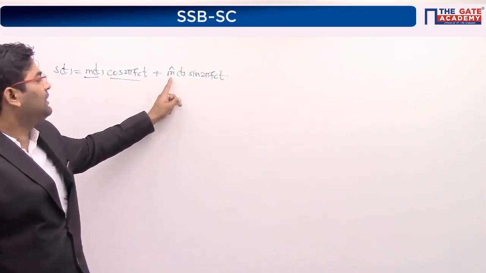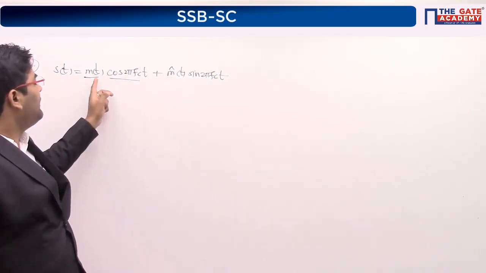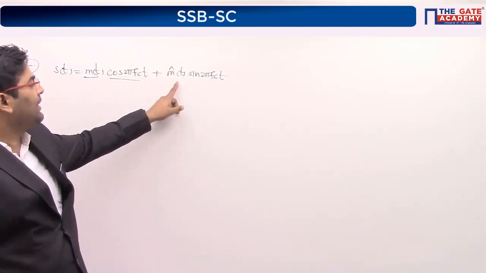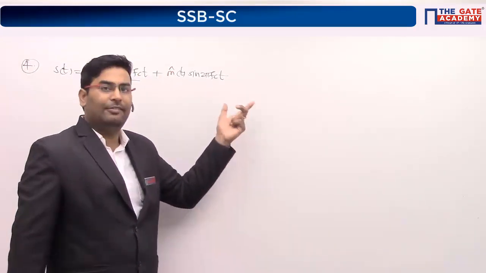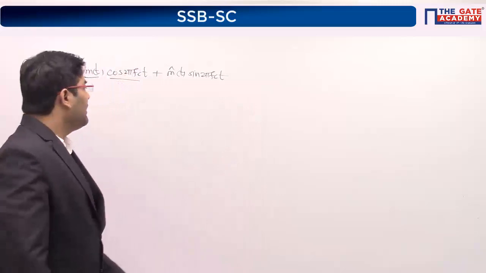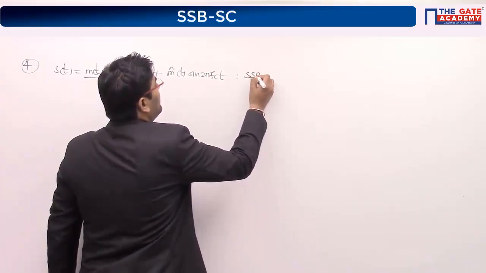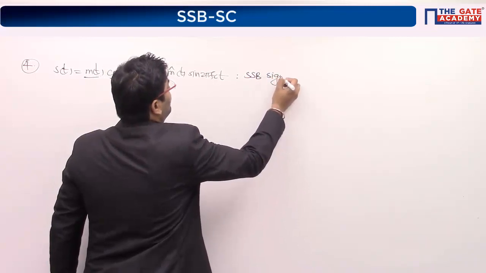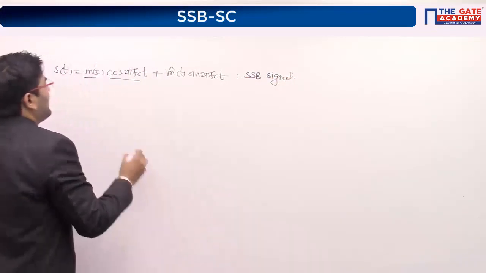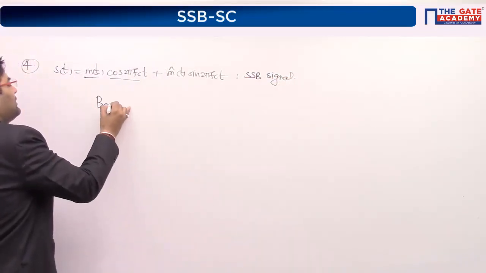And this will be shifting m of t by a phase shift of 90 degrees and again shift by fc. So what is going to happen? Actually guys, I have not told you, but what signal is this? Single sideband signal.